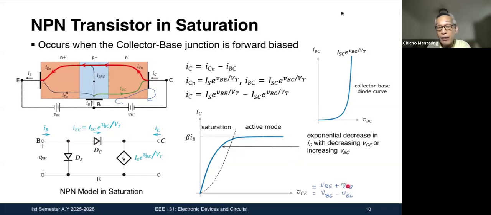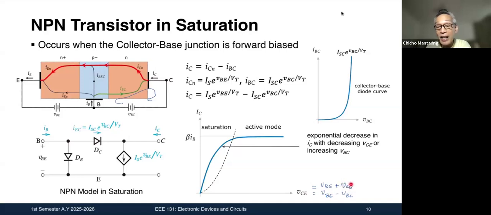And therefore, you are in active mode. What happens as you decrease VCE? Habang lumiliit yung VCE, as we're going in this curve toward the left, this remains practically constant, 0.7, thereabouts. If VCE is getting smaller, VCB will also get smaller. When VCE is smaller than 0.7 volts, VCB becomes negative.